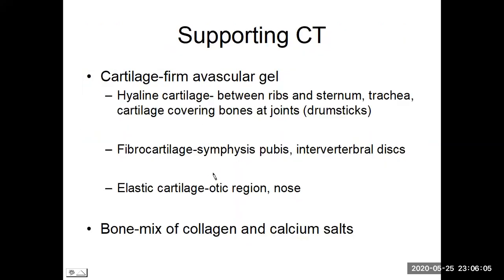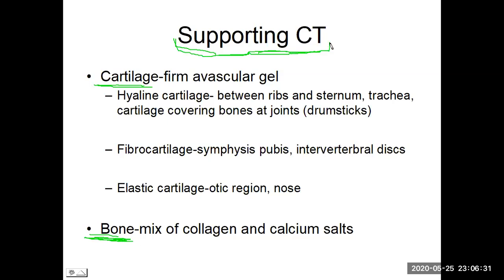There's now a third category of connective tissue known as supporting connective tissue. Supporting connective tissues include both cartilage and bone. These two types are very distinct from one another, cartilage and bone, but they are grouped together in the same subdivision known as supporting connective tissue.